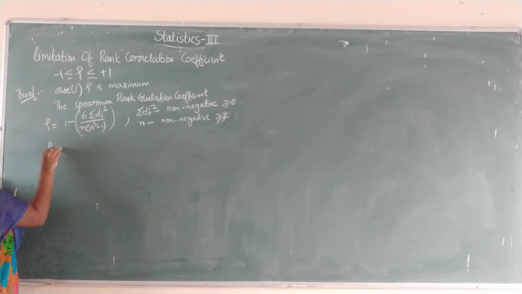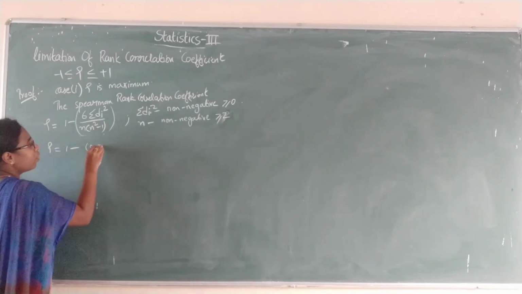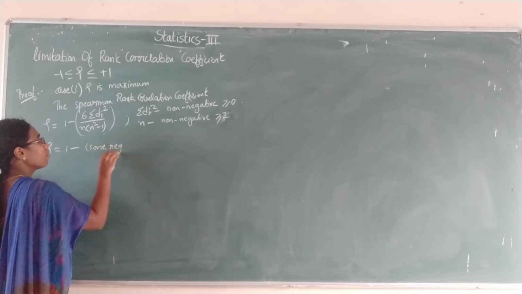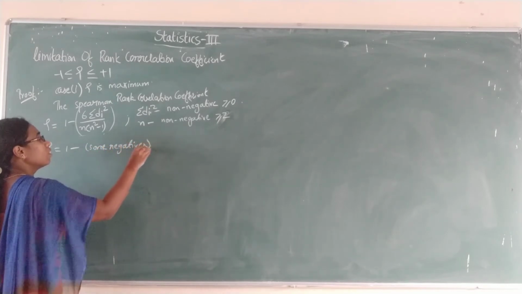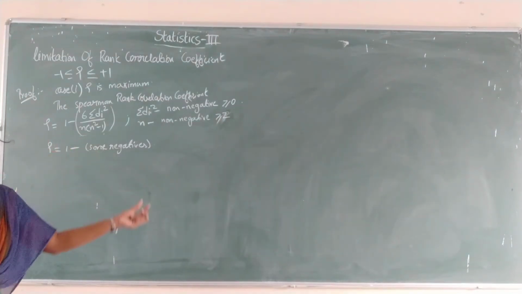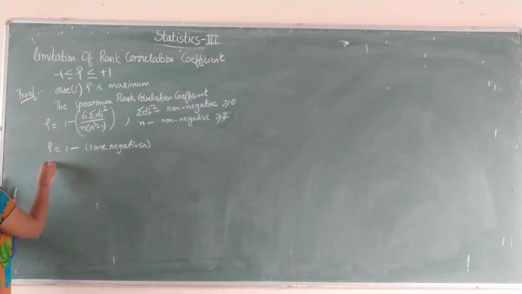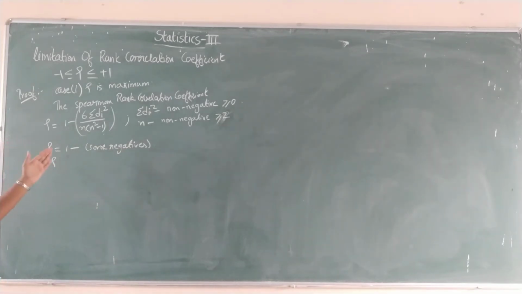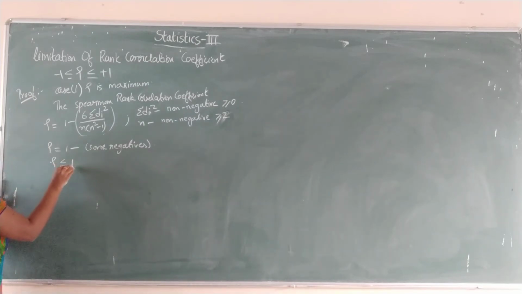So rho equals 1 minus some non-negative value. 1 minus a non-negative value always gives a maximum of 1 only. So rho will always have the maximum value of +1; rho is less than or equal to 1.